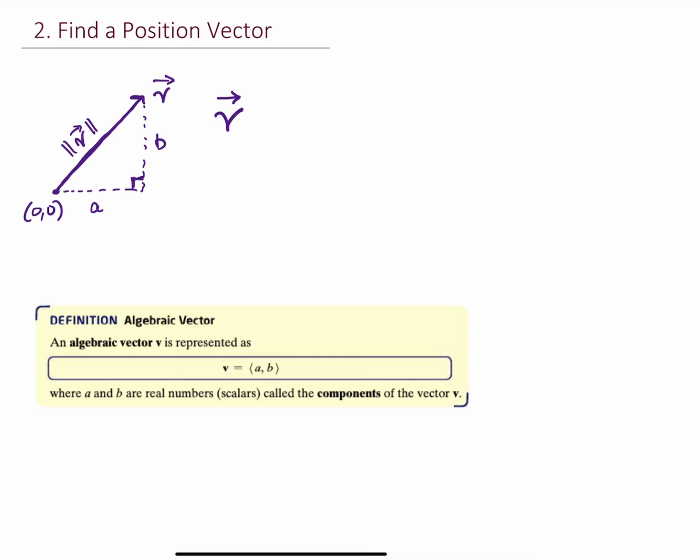So this will be what's called the component form. We would call this distance A the horizontal component, and the distance B the vertical component.